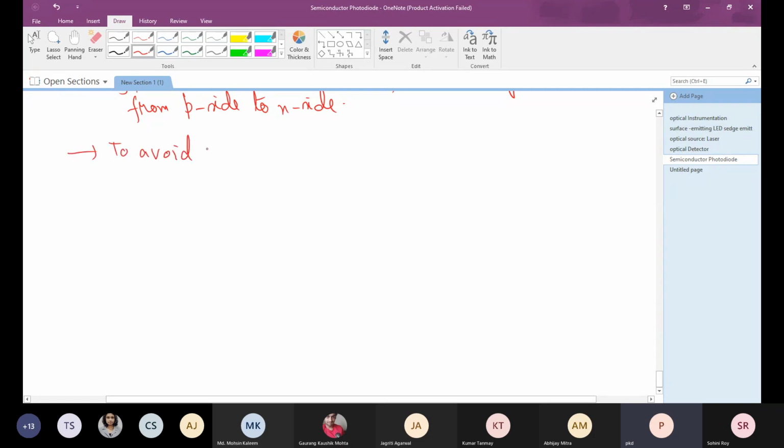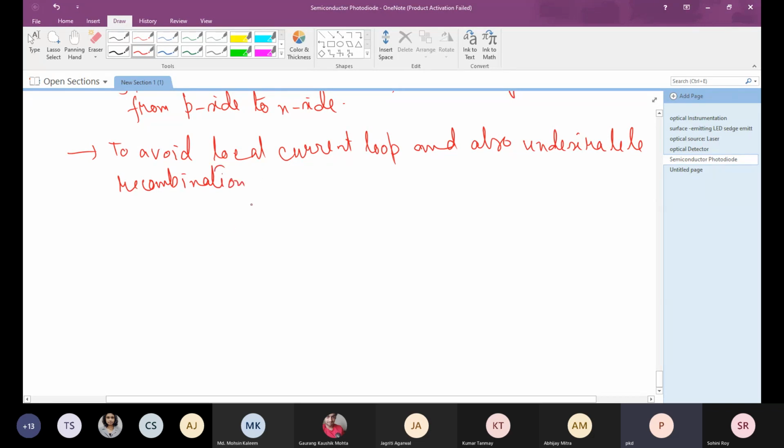To avoid local current loop further, local current loop and also undesirable recombination inside the depletion zone, because if the multiplication factor is quite high, then the carrier density in the depletion zone will be much higher, and then the probability of the collision between the hole and electron will also be higher.